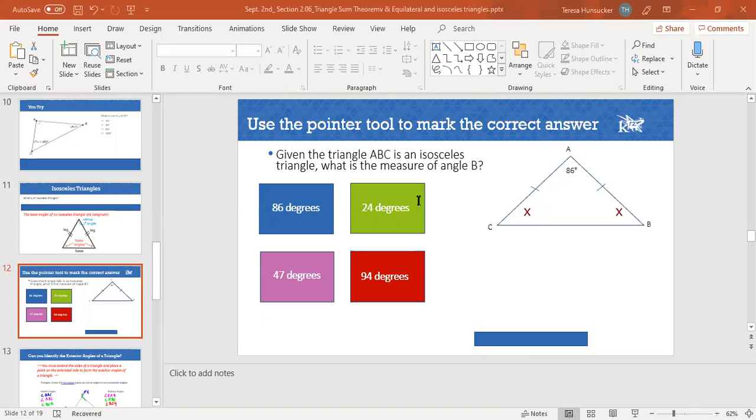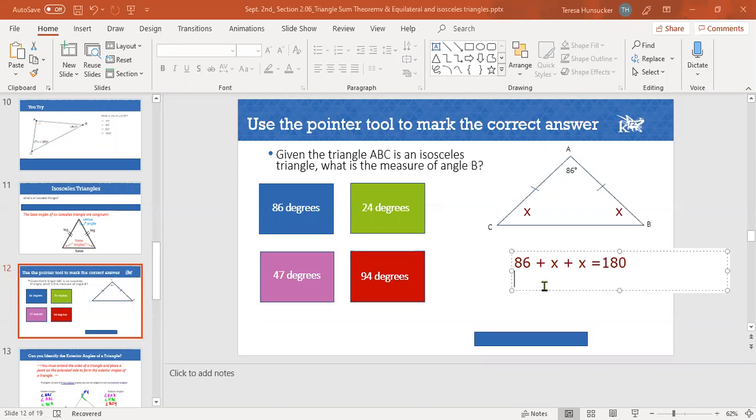By the triangle sum theorem, the sum of the three angles of a triangle equal 180 degrees. So let's do 86 is one angle, X is a second angle, X is a third angle, and they add to 180 degrees. Solving, we're going to subtract 86 from both sides. So 86 from 180 is 94.